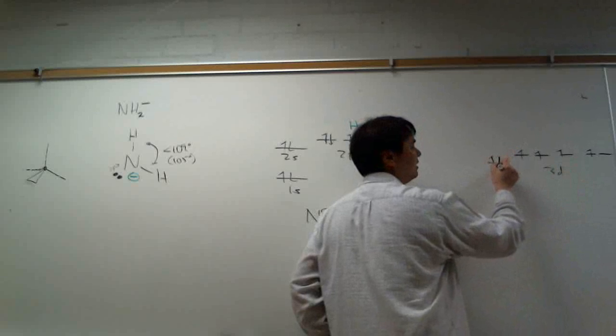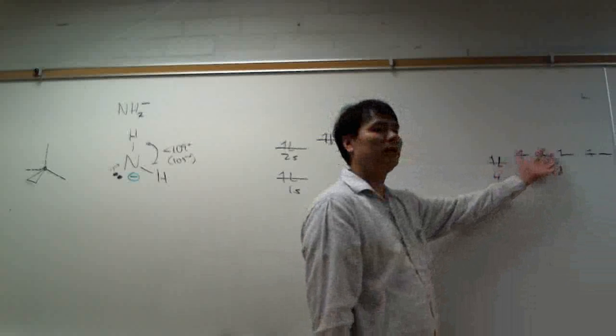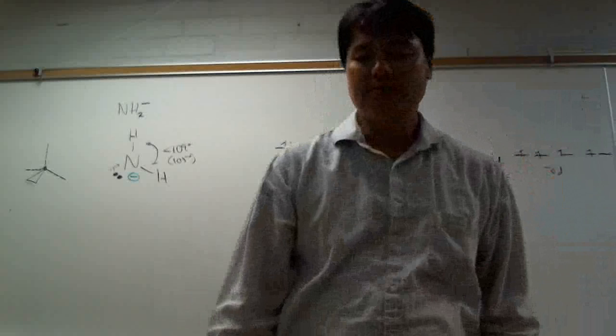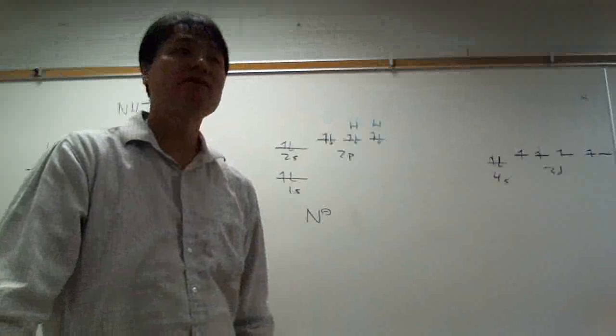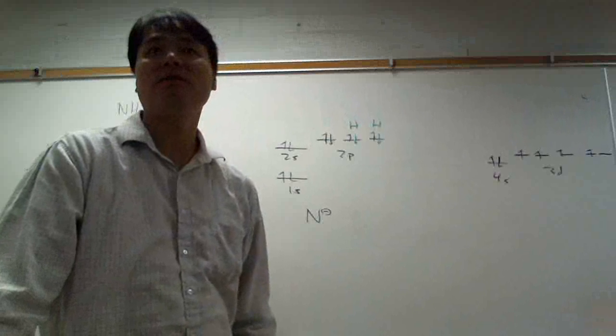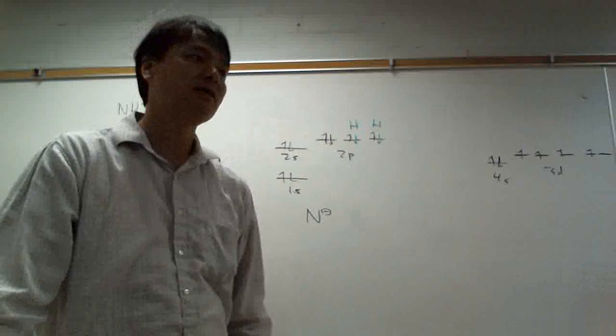A lot of people thought this is it. We're going to have 4 unpaired electrons. But when some physicists were doing some experimental measurements on the magnetic properties of chromium, they said it's impossible. 4 unpaired electrons is impossible. It has 6 unpaired electrons.